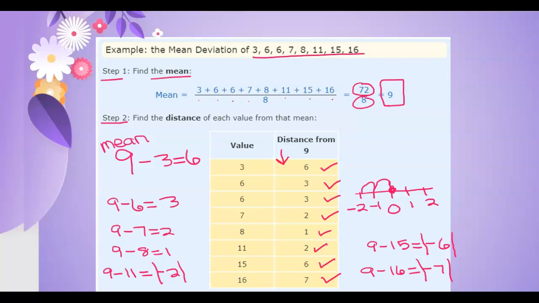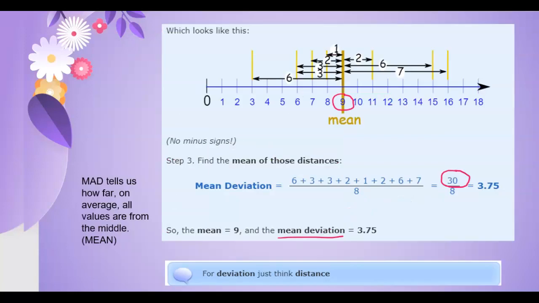We added all these together. And we added 8 numbers together again. So when we divide our distance from 9 divided by 8, we get 3.75. That is our mean absolute deviation. Really what that's saying is this is the average distance away from 9.